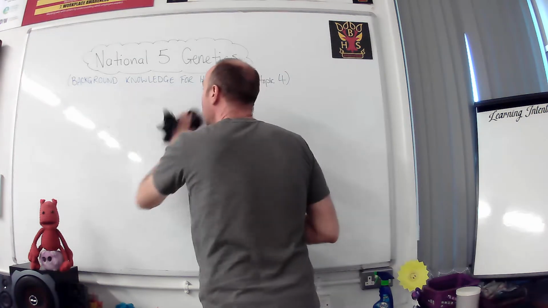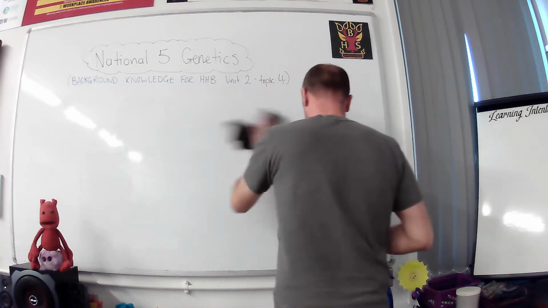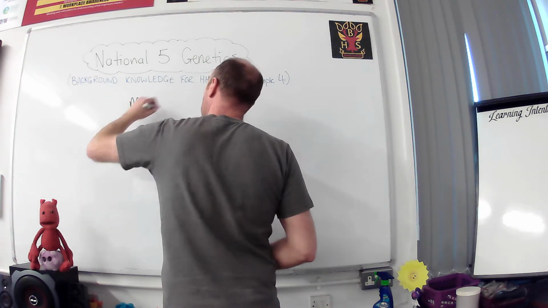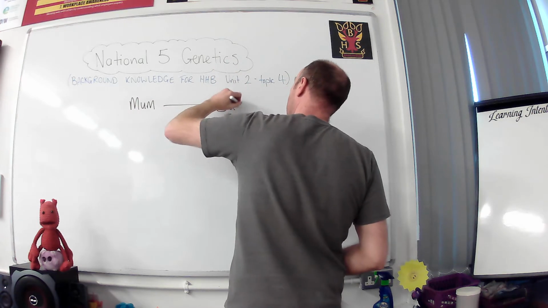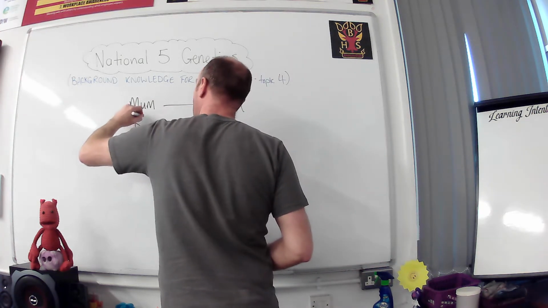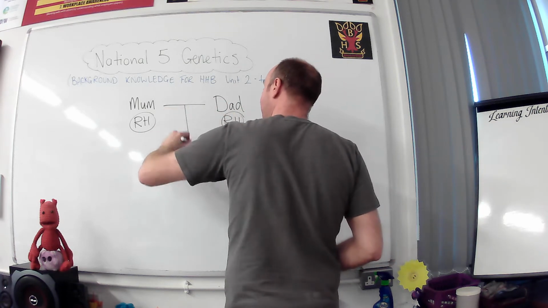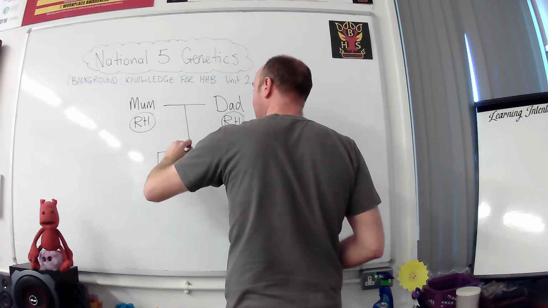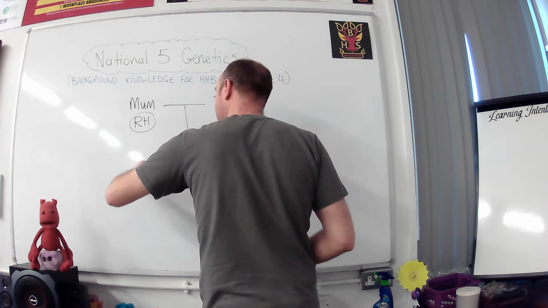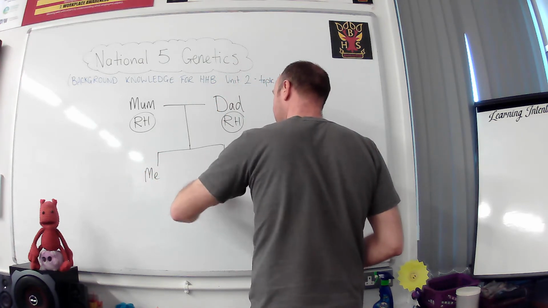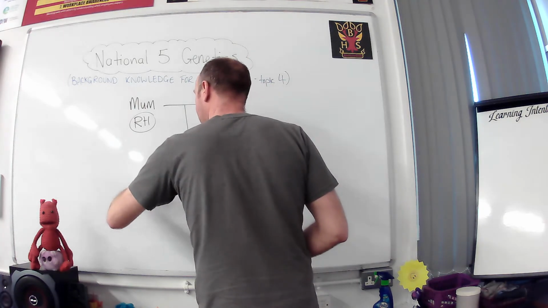Technically, I really hope. And my dad is also right-handed. And I have a sister. So that's my basic family tree. There's me, there's my sister. My sister's right-handed, and I am left-handed.